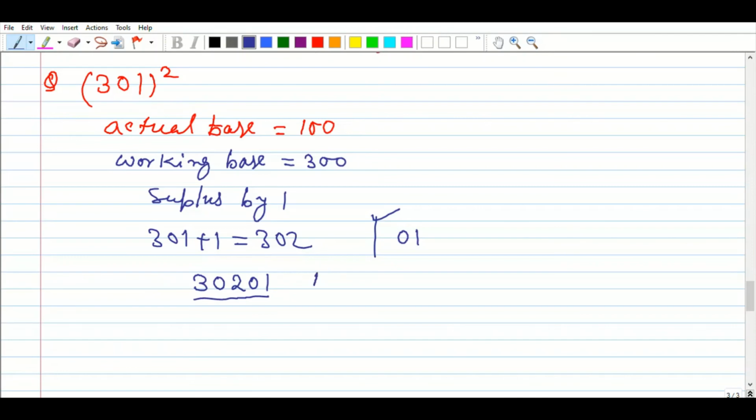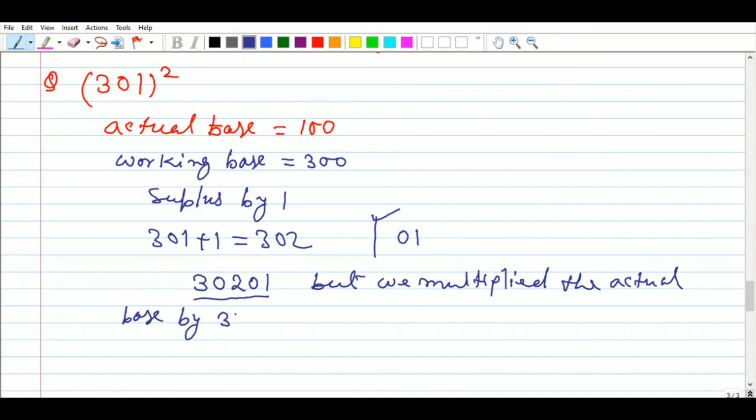But we multiplied the actual base by 3 to get the working base.